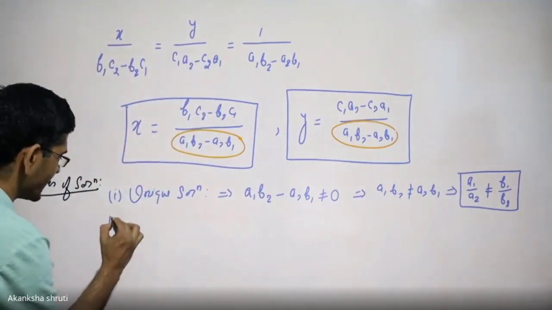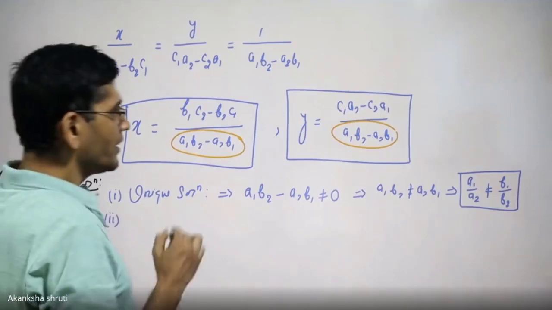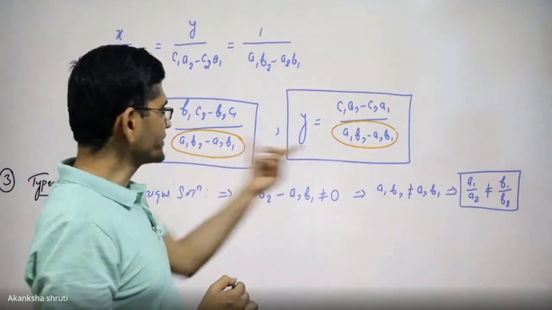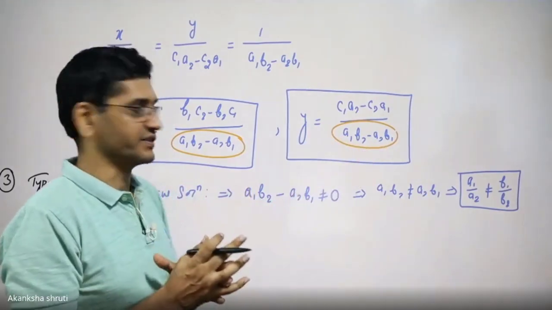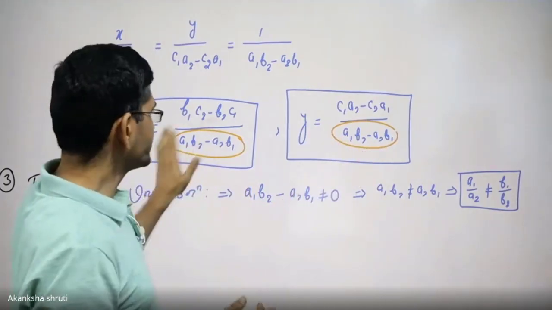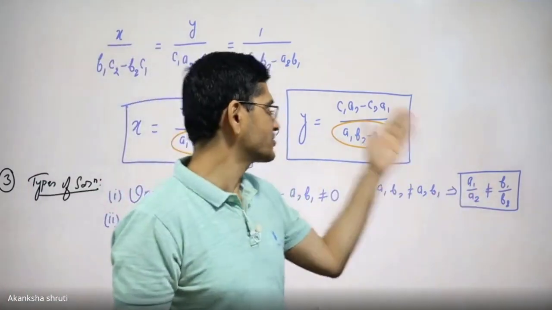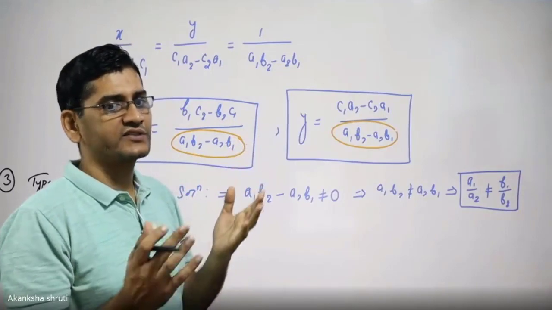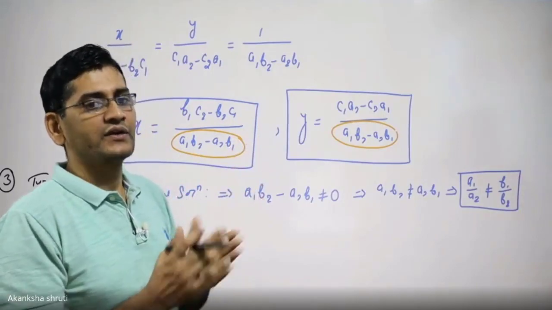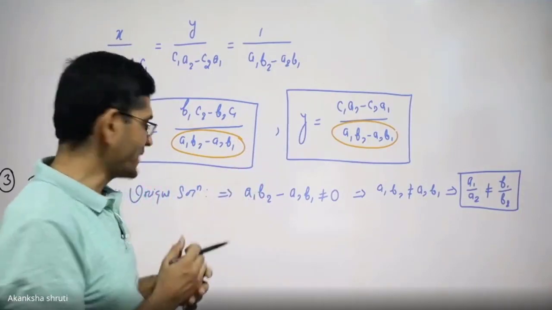Students, our second condition is if this is going to be 0, then two situations arise. The very first is, if the denominator is not 0, then surely x and y have a real value, whether x is equal to y or y is not equal to x, that doesn't matter.